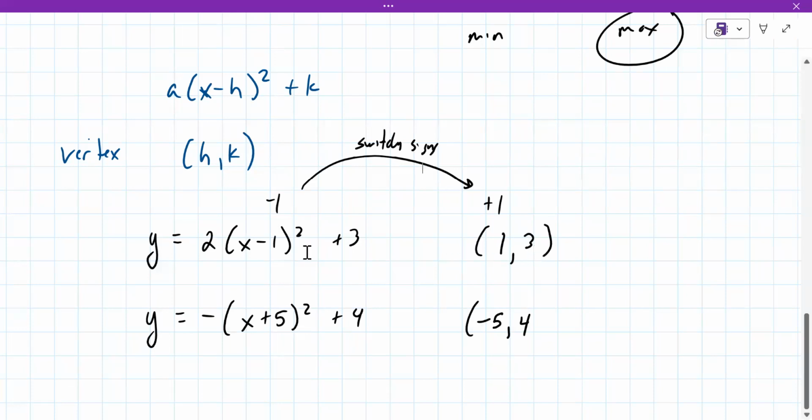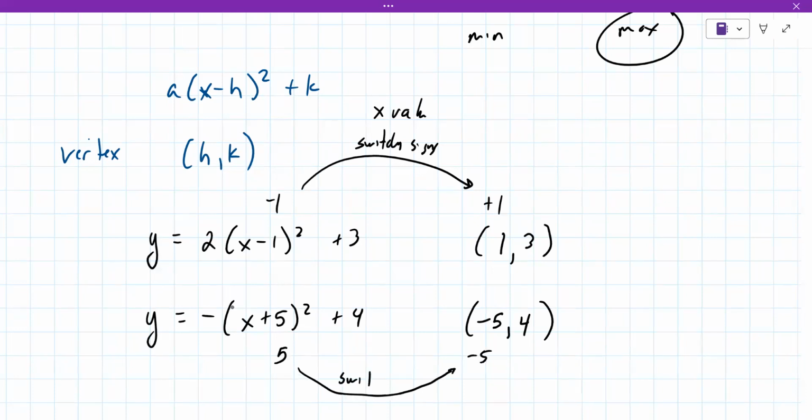No, so it's only the x value that switches signs. Now let's see if that holds true in the other one. It's +5 here, but -5 here. Does it switch signs? The 5, yeah. But what about the 4? No. It does not.